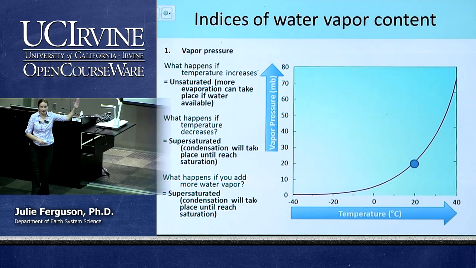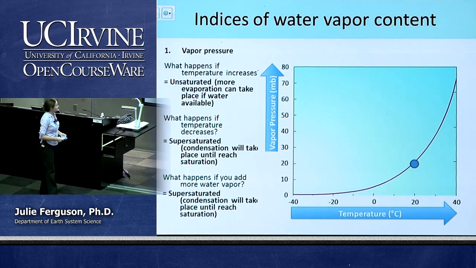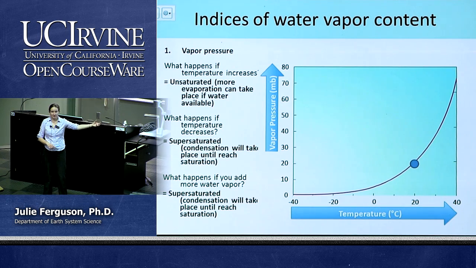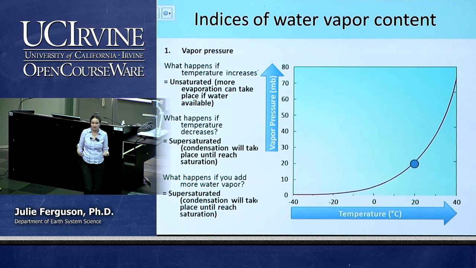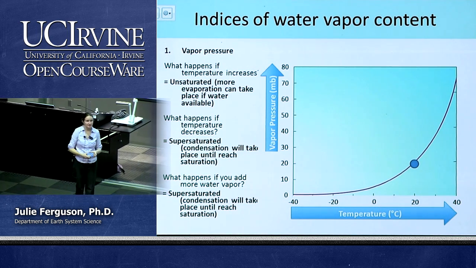So anywhere under that line is unsaturated. We can have more evaporation. But if I do either of these other two, if I decrease the temperature, so if I move that sort of circle to the left, or if I add more water vapor, if I move that circle up, then we're going to be supersaturated. We're going to have more water vapor molecules colliding back with the surface, and we'll have more condensation going on.